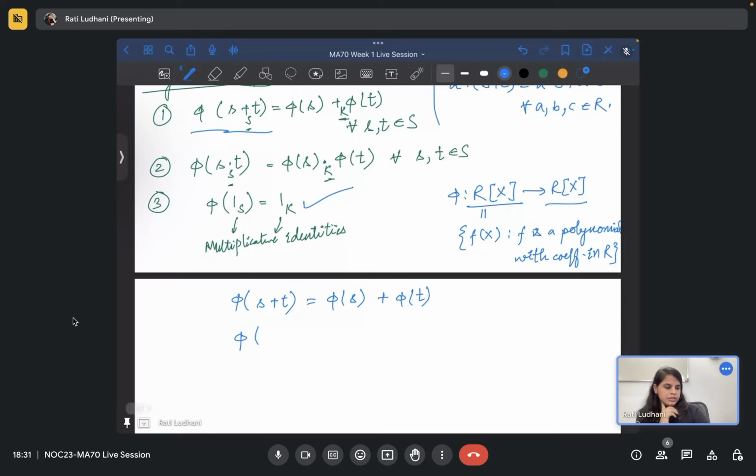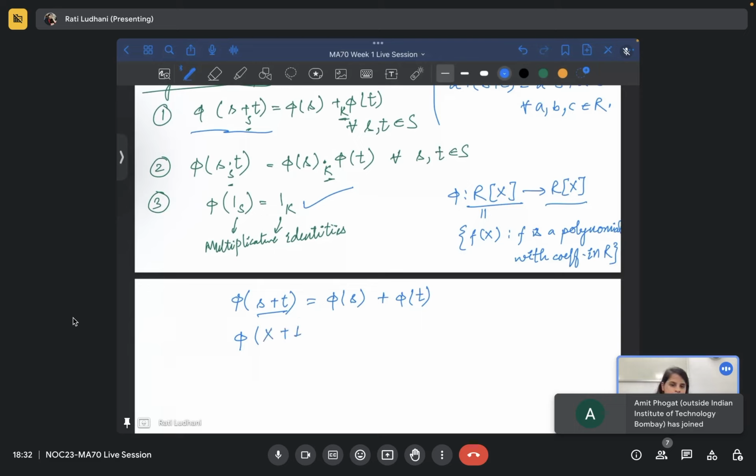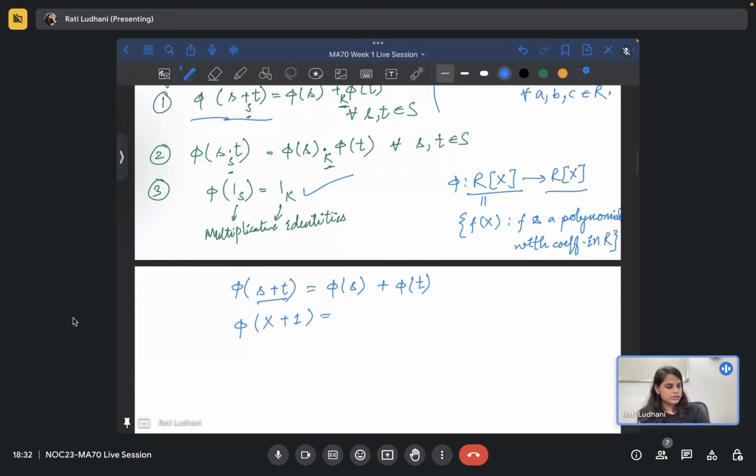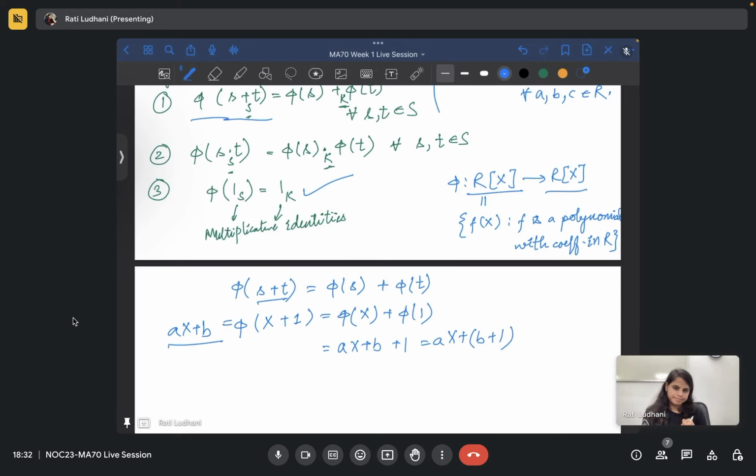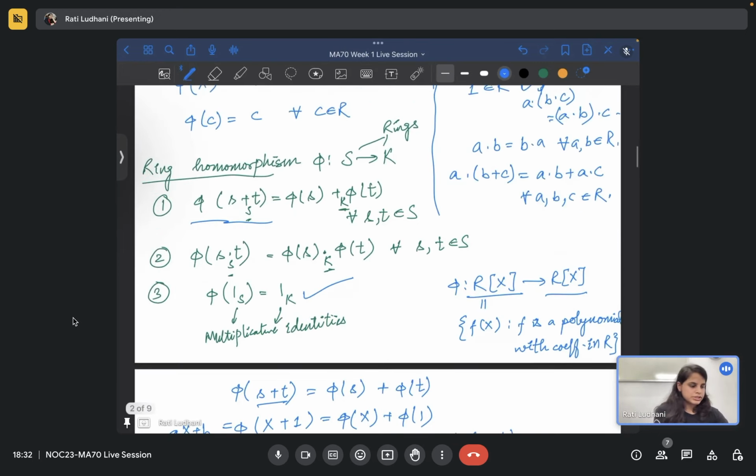Exactly as you said, if you take s to be x, and let's say t is 1, I can write 1 as the identity, then the left side is equal to ax plus b. But on the right hand side, it is phi of x plus phi of 1, which is ax plus b plus 1. So this is not equal. Yeah, but it is a good start, of course.